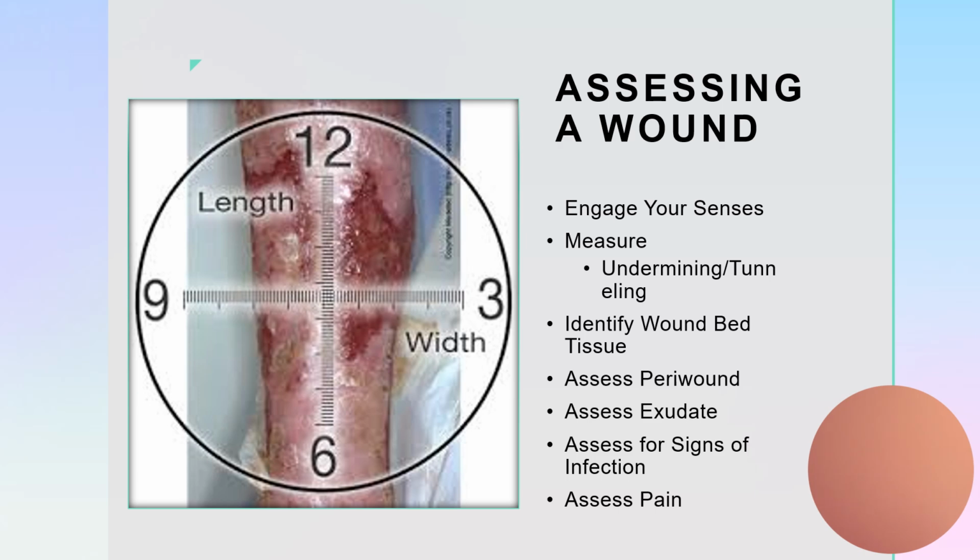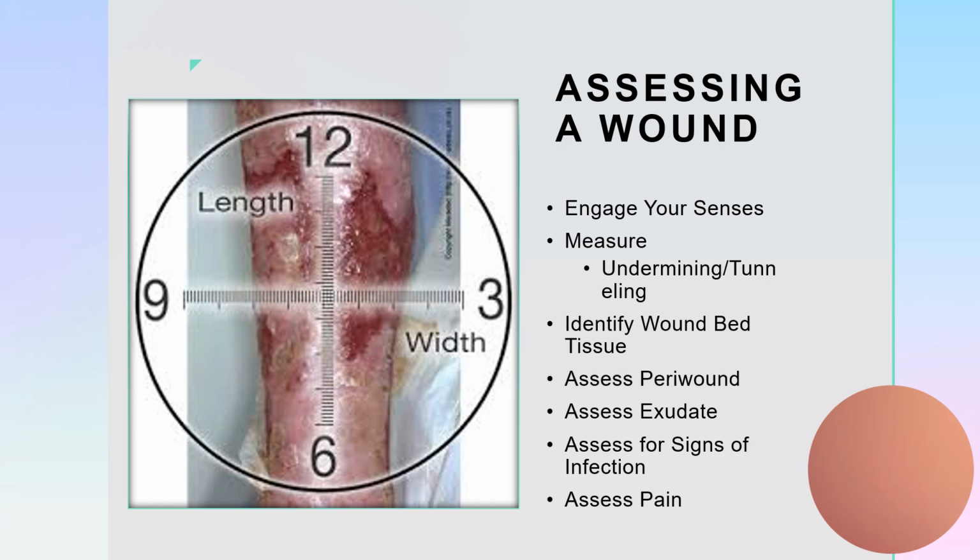Slough is also a full thickness skin loss, but this tissue is non-viable. In other words, it's dead tissue. It kind of looks like pus, but you cannot wipe it away. It adheres to the bed of the wound. It can be yellow, white, or tan, and it's usually pretty moist.